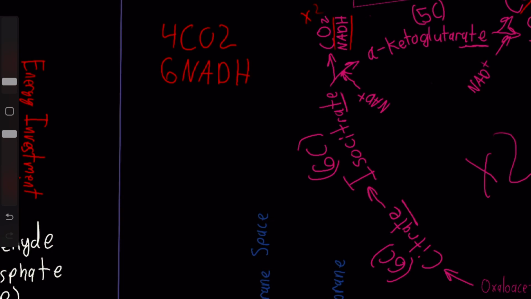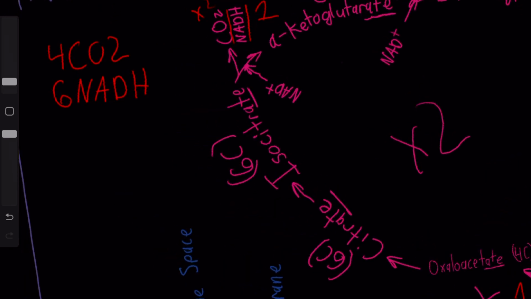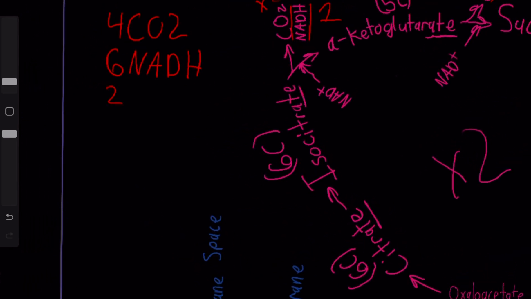As you can see, we have one right here, one right here, and one right here, but you're going to multiply them by 2. We have 2 FADH2, and we also have 2 ATPs.